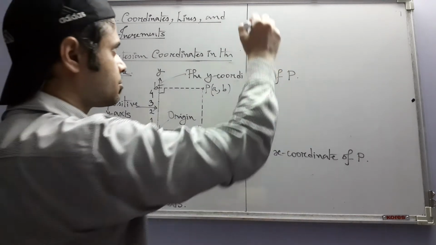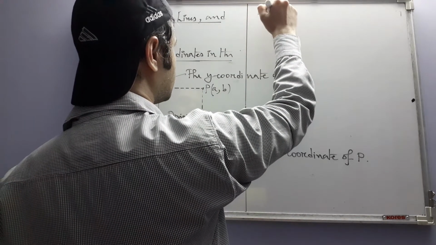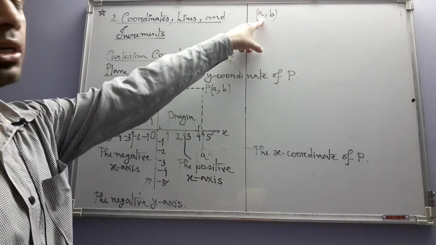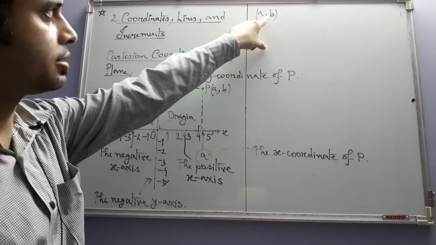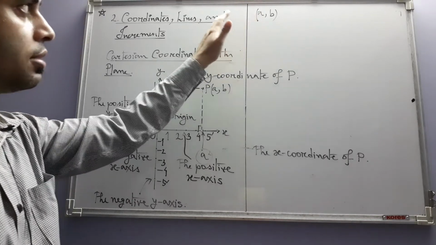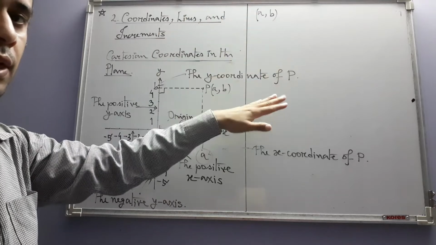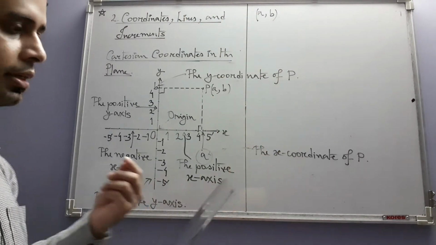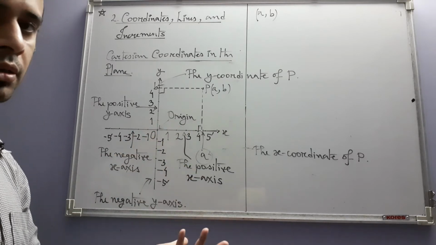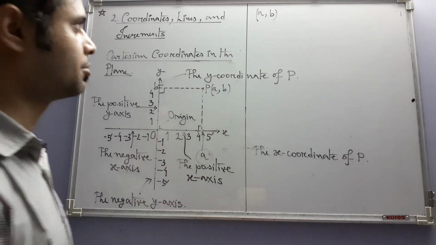and this ordered pair a comma b, where the first one is the x coordinate and the second one is the y coordinate. We say ordered pair because a comma b is considered to be different from b comma a. If you change the order, then it is supposed to be a different object, a different ordered pair.